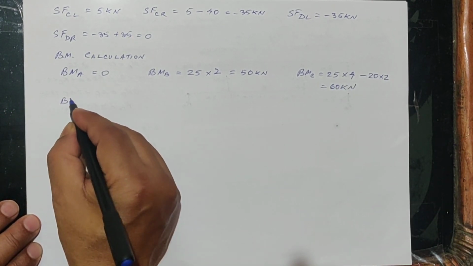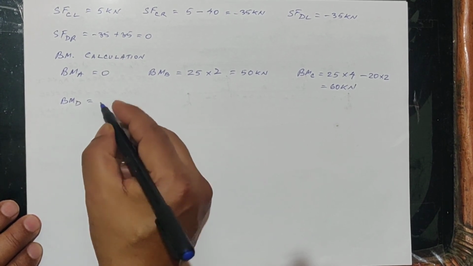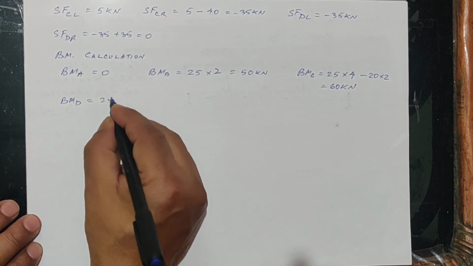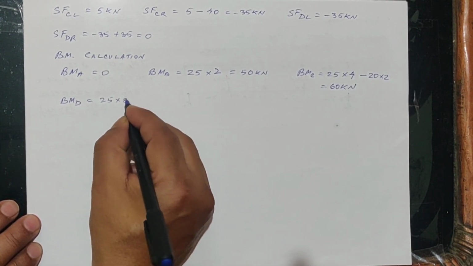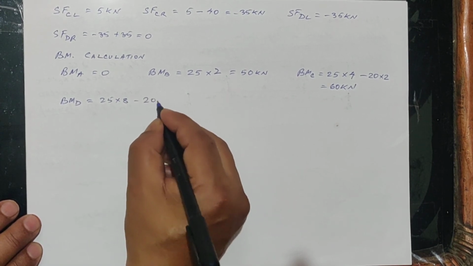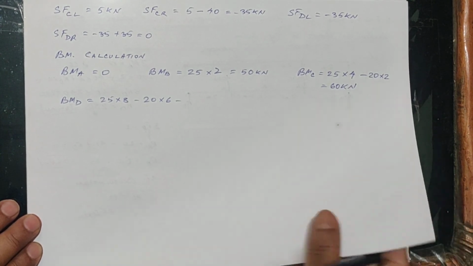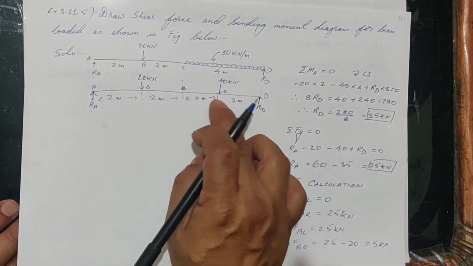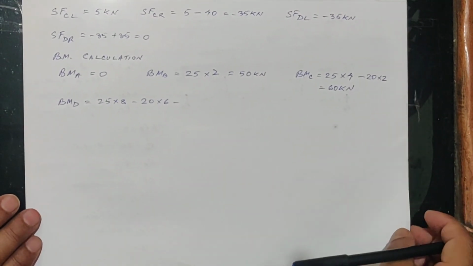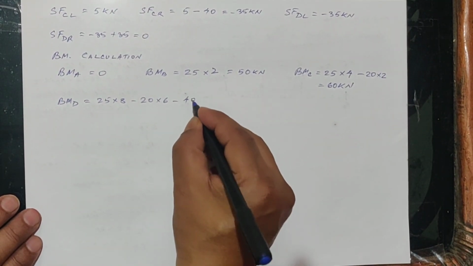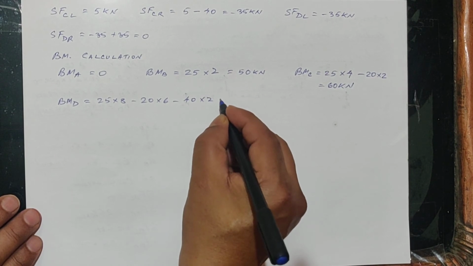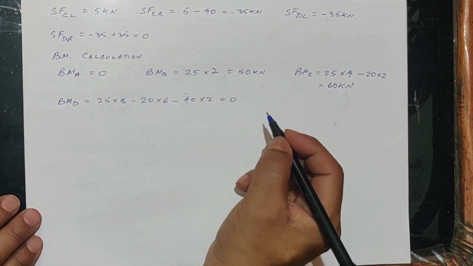BM at D is equal to 25 multiplied by the distance 8 minus 20 multiplied by 6 minus 40 multiplied by 2, which is equal to 0.